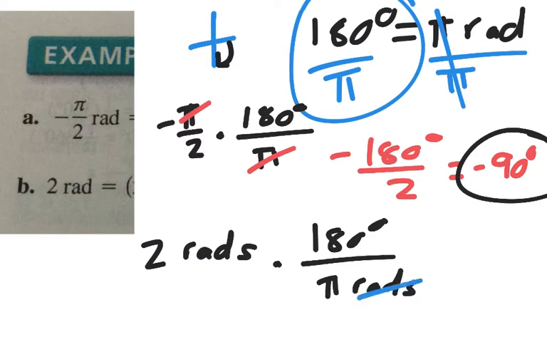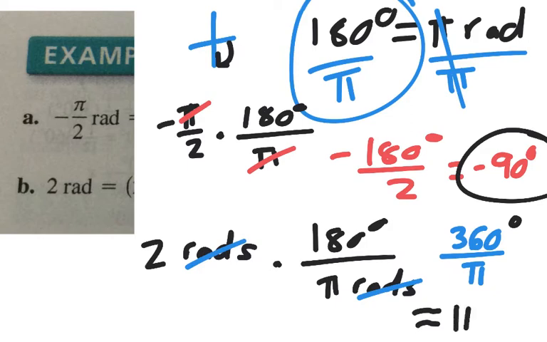So I could cancel the radians. So now my answer here is going to be 2 times 180, which is 360 over pi. And then this would be my exact answer. It may ask you to round. So if I put that in my calculator, 360 degrees over pi is going to be approximately 114.59 degrees.